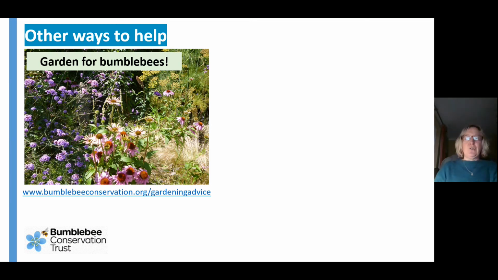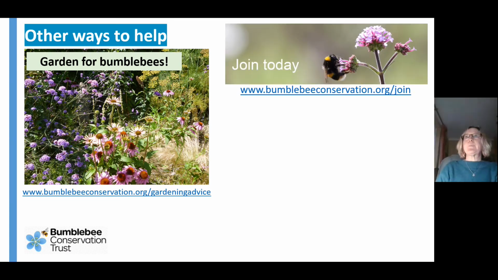We've got a brilliant tool called Be Kind, which helps you to rate your garden's attractiveness and usefulness for bumblebees. And we've got hundreds and hundreds of suggestions in our interactive Be Kind tool, which will give you plant suggestions for all sorts of gardens and climates and soil types. So do have a look at that.